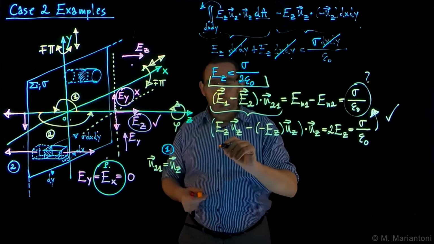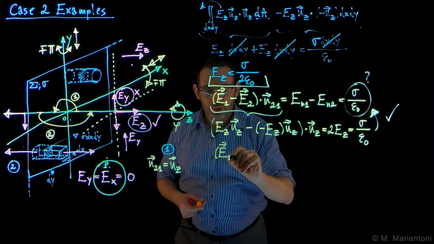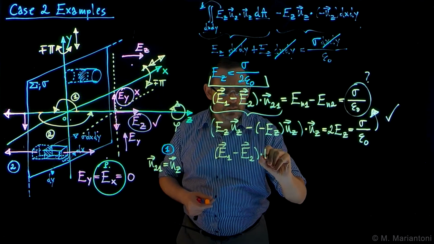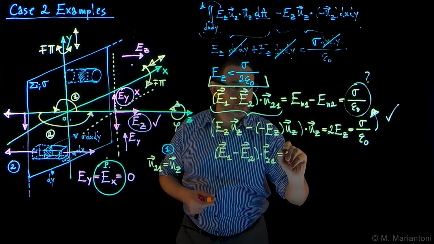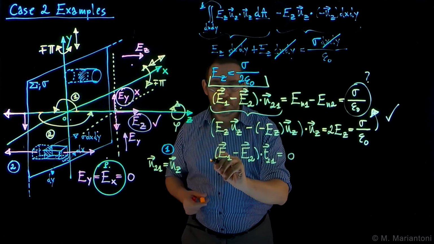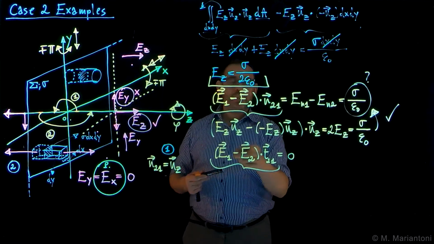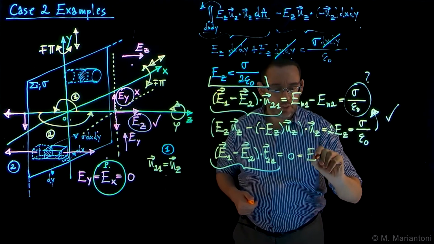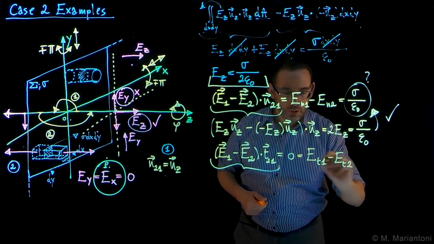The other scenario is quite easy, the other Maxwell equation in case 2 in local form, because that tells us that E1 minus E2, when projected along t to 1, has to be equal to 0. Well, this one is quite easy, because what are the tangent components? Note that people also write this as the tangent component Et1 minus the tangent component Et2 equal to 0.